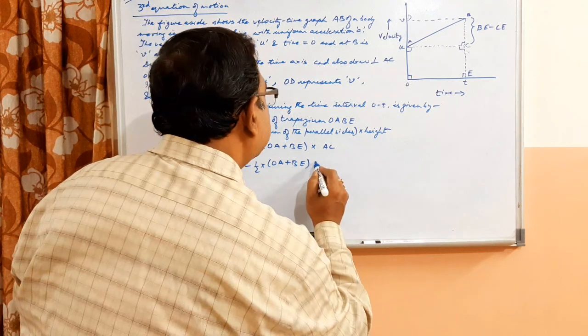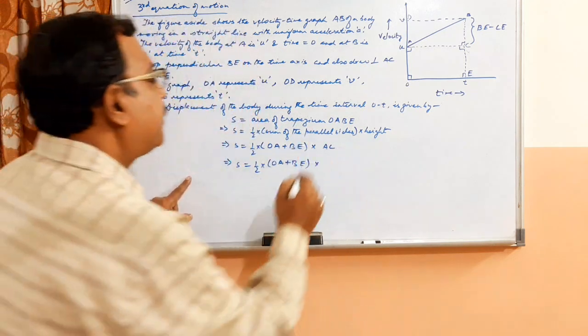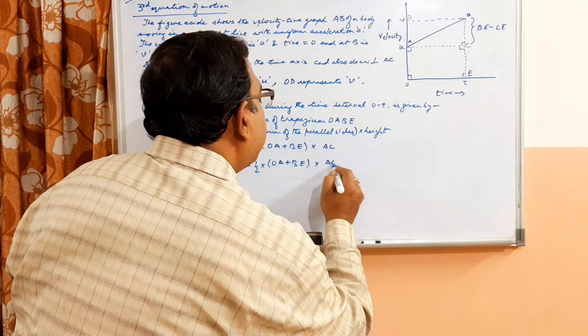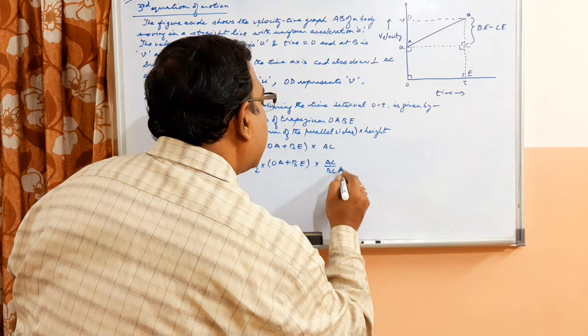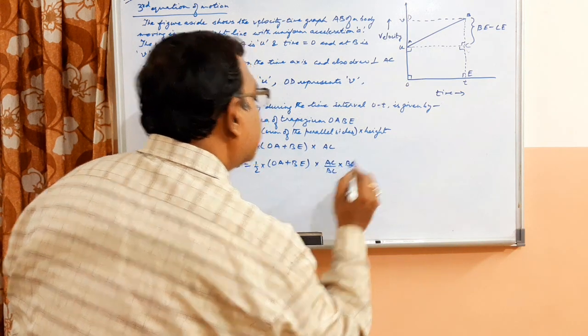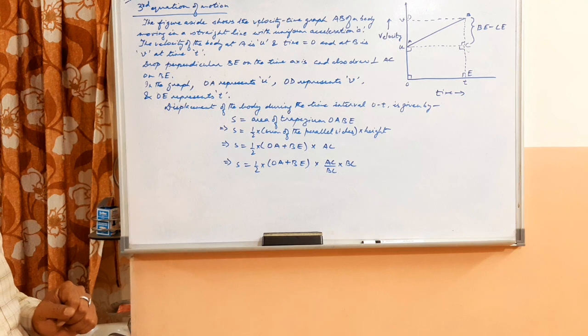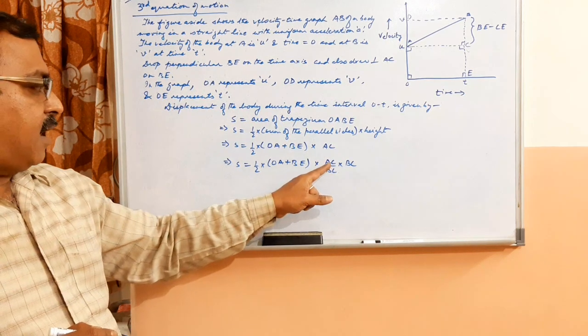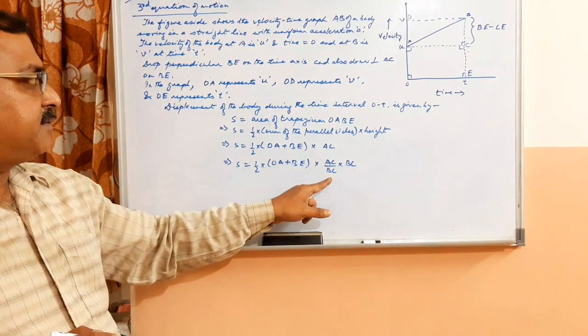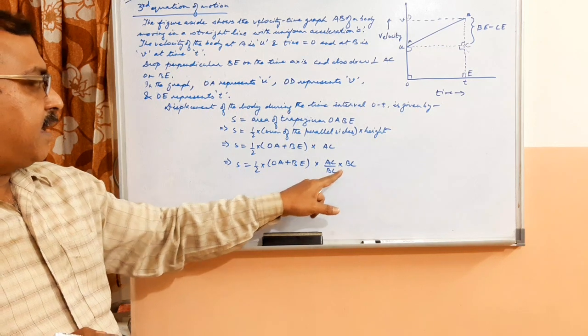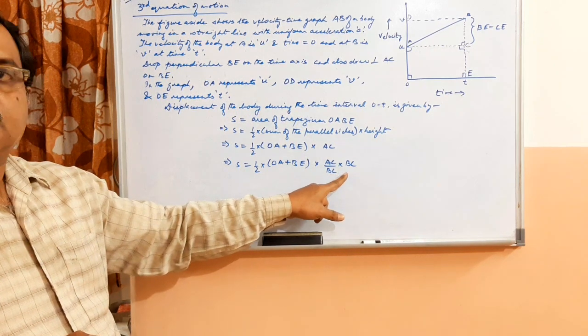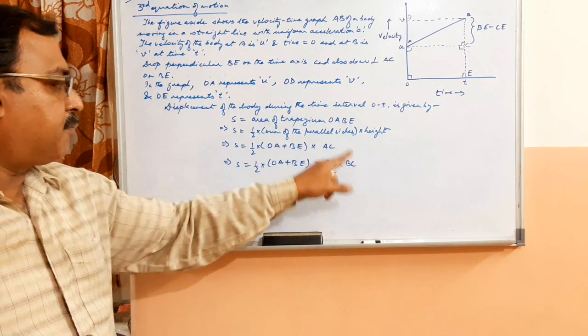into, now here you see, I am dividing this AC by BC and multiplying with BC. Right? What have I done? I have divided AC with BC and multiplied with BC. This step is very important.